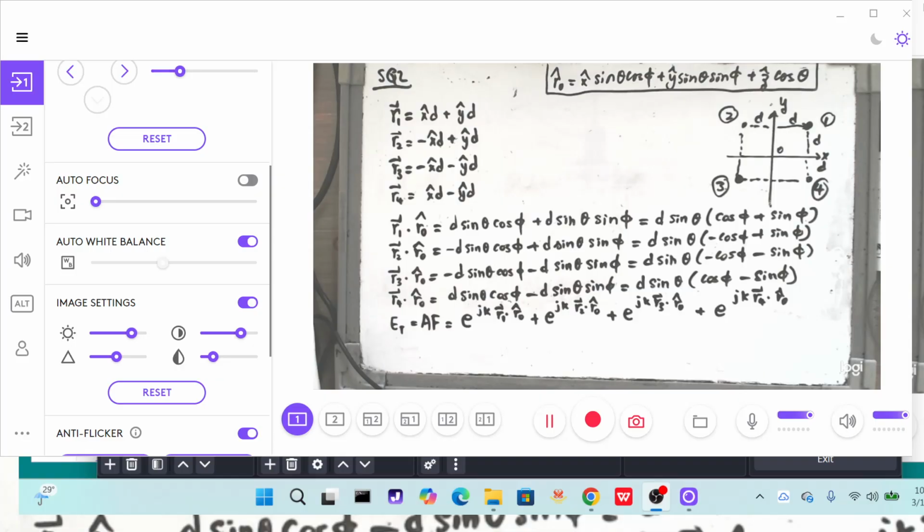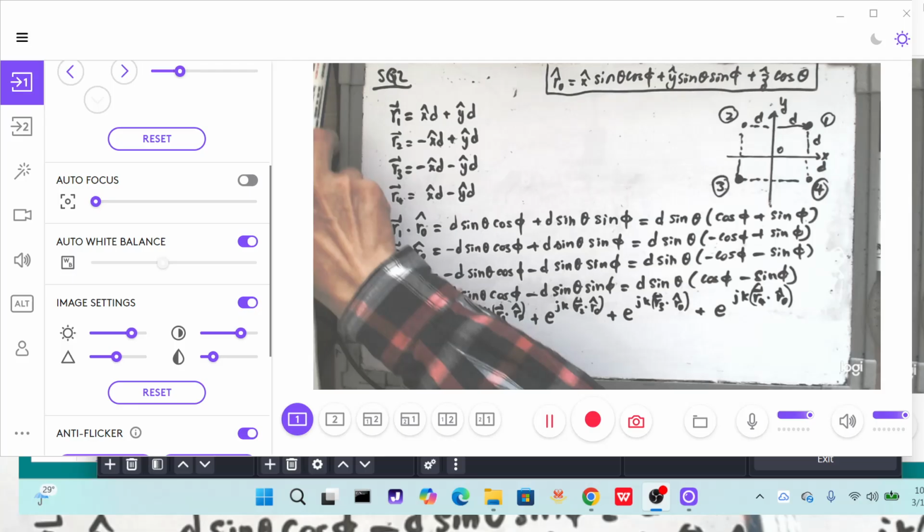So we can now substitute all the actual values. They are all scalar. This bracket term here is all scalar, and it has been calculated here. We can just do a bit of substitution, then our job is almost done. So let's move to here.